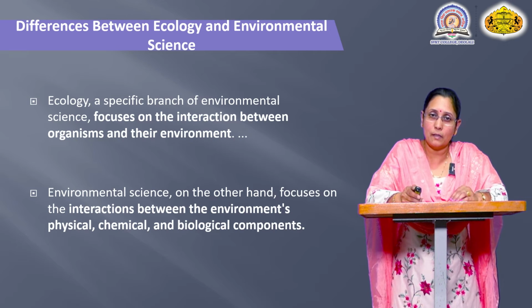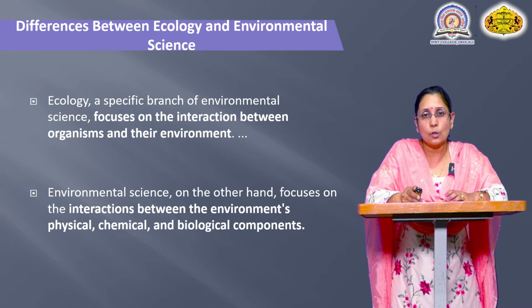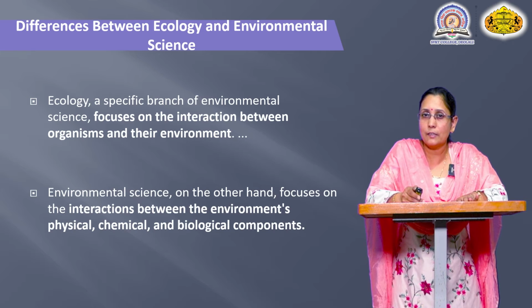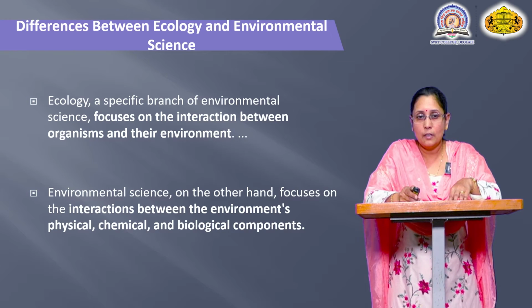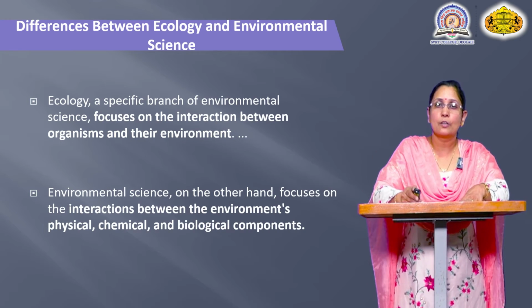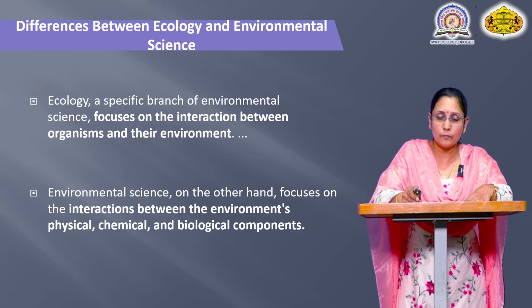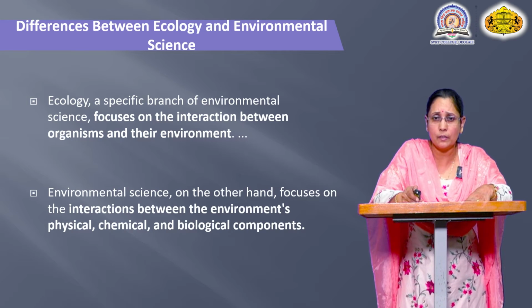So in environmental science, there is an interaction between all components, meaning the biological component with its chemical component, with its physical component, etc. In the case of ecology, only a single type of interaction can be seen. Which is that single interaction? Only between the living organisms, meaning the particular population, and its environment.